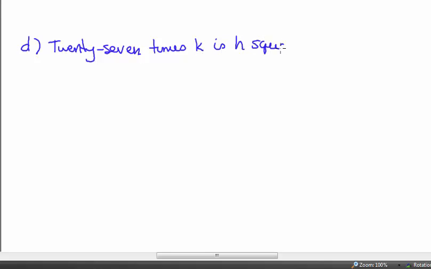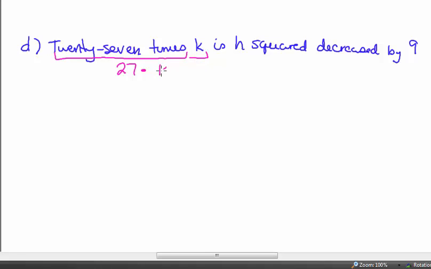And one more. 27 times k is h squared decreased by 9. Okay, so 27 times, that's 27 times k, is h squared, and then decreased by 9 means minus 9.